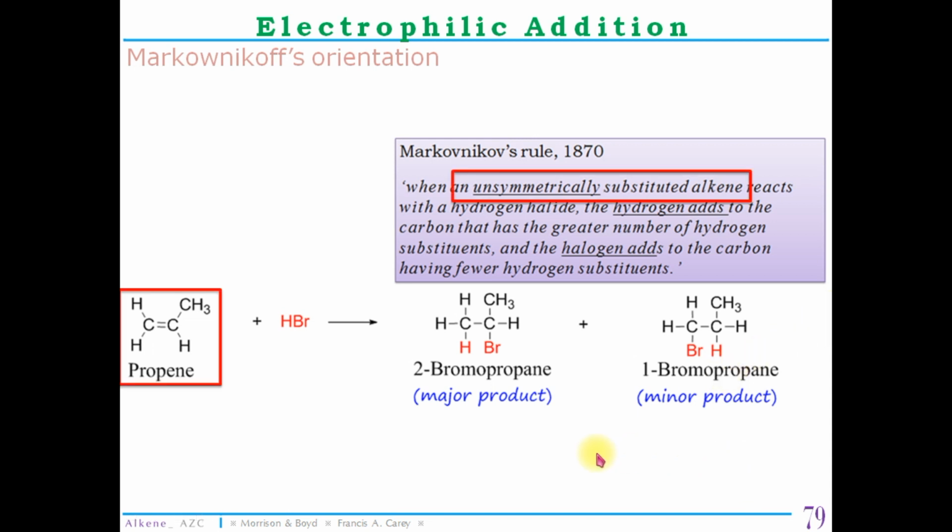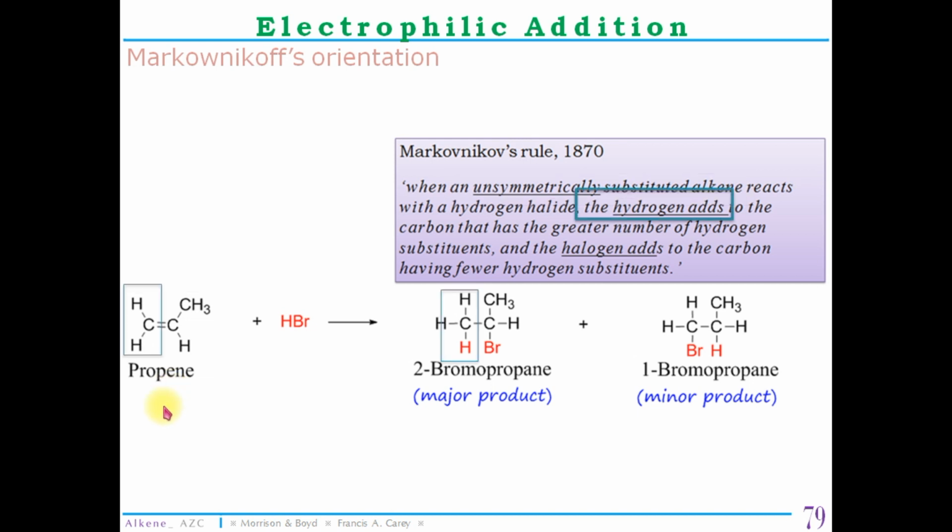We have an unsymmetrically substituted alkene. Example is propene. Here, in the statement, hydrogen adds to the carbon that has the greater number of hydrogen substituents. This carbon has more hydrogen substituents, so hydrogen adds to this carbon.